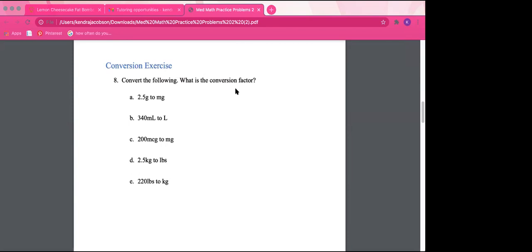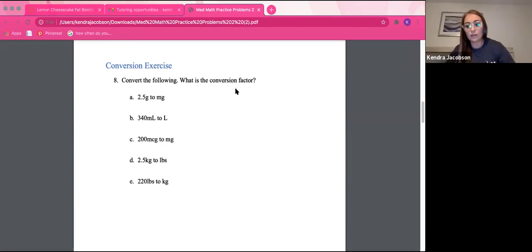Perfect. We can go on to the next one, which would be the 340 milliliters to 1 liter. It's going to be super similar, you're just going the other way.